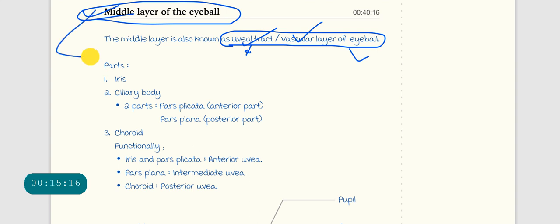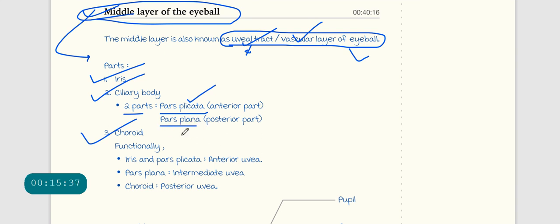Just we are looking at the parts. The parts of the ciliary body are pars plicata and pars plana. Pars plicata is the anterior part and the pars plana is the posterior part.